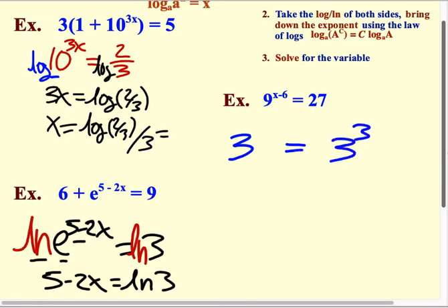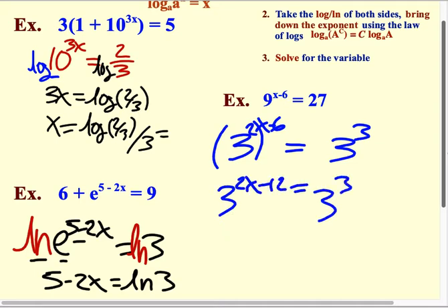So 27 is 3 to the third, 9 is 3 squared, and yes, you have the exponent of x minus 6. So now we have 3 to the 2x minus 12 equals 3 to the third. Well, if you can get the base to be the same, then essentially all you've got to do is solve the exponent question. Like 2 times what minus 12 is 3.